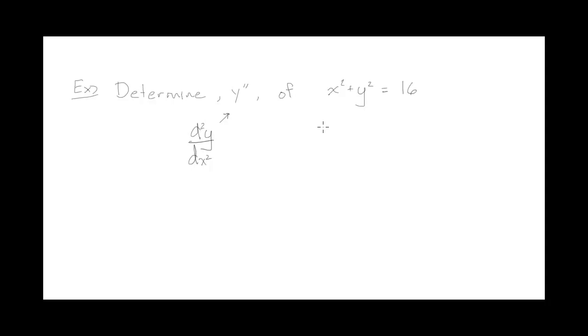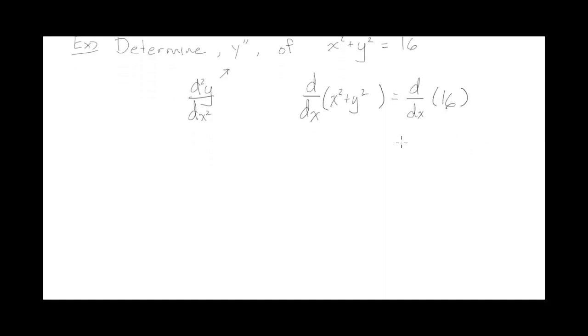If you remember, implicit differentiation means you take the derivative with respect to x of both sides of the equation. So basically it's a d by dx of both sides. On the right side it's just that constant 16, and on the left side it's x squared plus y squared.